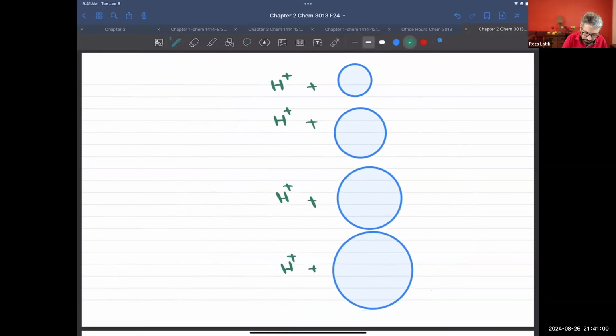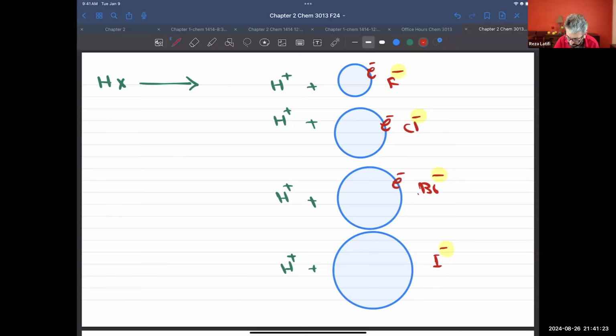HX is turning to H plus, and what's the X here? Fluoride, chloride, bromide, iodide. Remember, this time I put a negative charge on the top of them. What does it mean? It means each of them now has one extra electron. These elements are not neutral, they are not completely innocent.